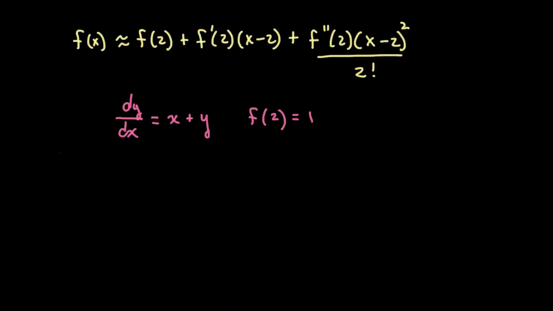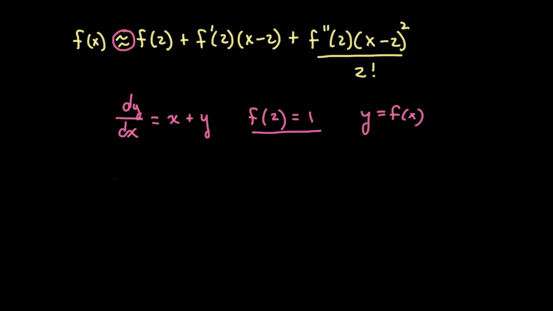Here is another kind of simple example that I was thinking. So we have a differential equation where y is equal to f of x, and then we have some condition that f of 2 is equal to 1. And then if I'm coming up with an approximation for f of x using the Taylor polynomial construction, then I can use this information here.